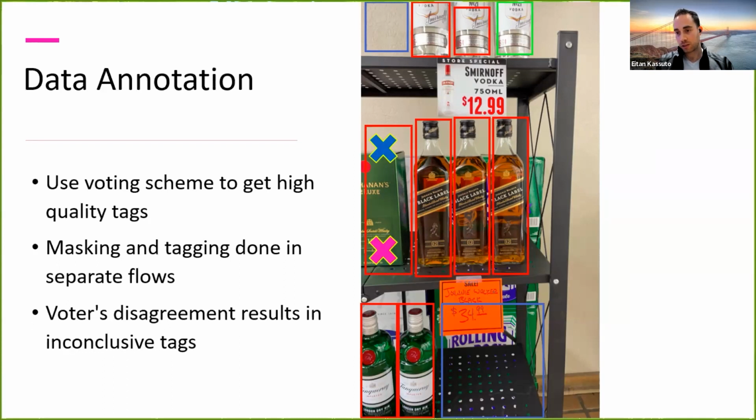And if there is a general consensus, then the label is given. However, it could be that different labels are given by each voter, and then we don't have a consensus, and this results in an inconclusive tag. As you can imagine, this can result in quite noisy data, and down the line, it can cause issues when training and evaluating the model, even though it's a very rare occurrence.